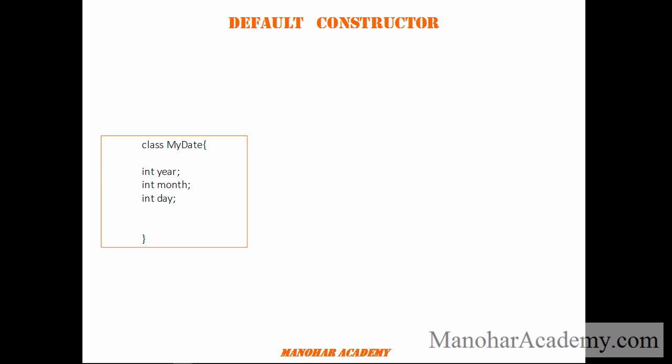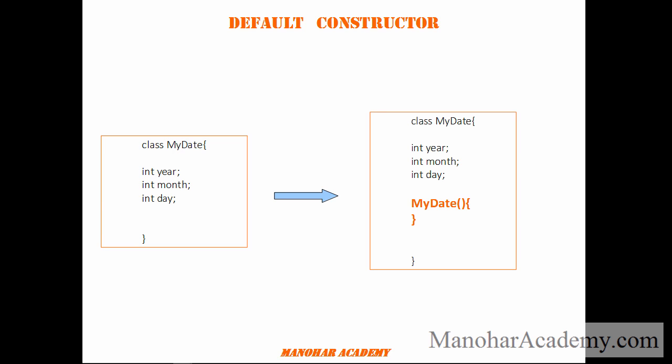So the compiler will provide us a default constructor. In this case, the default constructor myDate is going to be included by the compiler. We did not code it, but the compiler included it. Because the compiler included that constructor, we can call it to create a new object. This is the case where the compiler is providing us the default constructor.